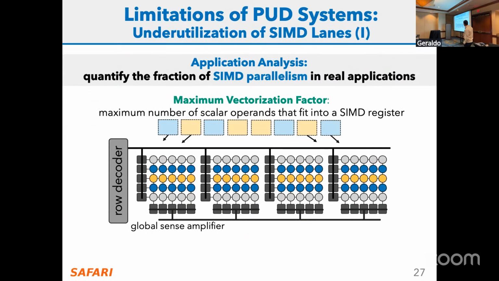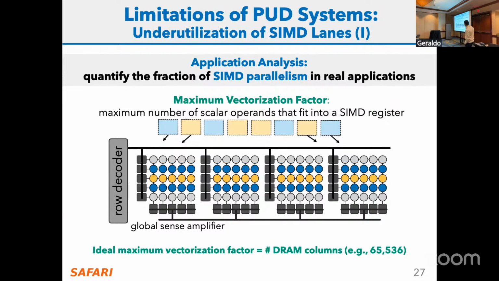So basically, we took the SIMDRAM framework and then we ran some applications to understand the utilization of those applications in this framework. And we compute what is called the maximum vectorization factor, which is basically the maximum number of scalar operands that fit in a SIMD register. So ideally, you want to have as many scalar operands inside the SIMD register for the substrate as the number of DRAM columns, so 65,000 per loop.